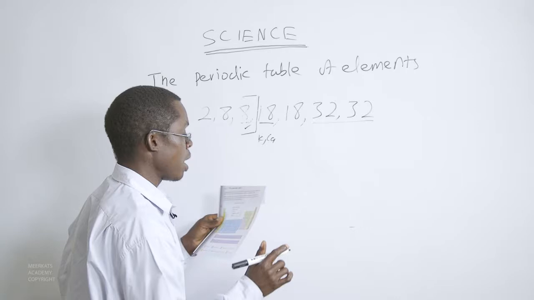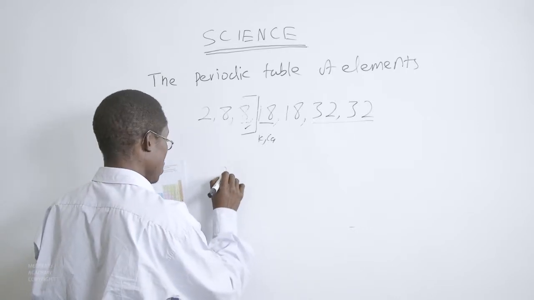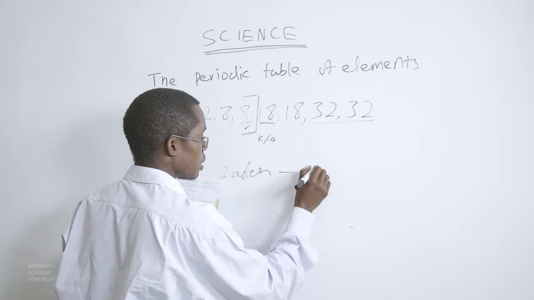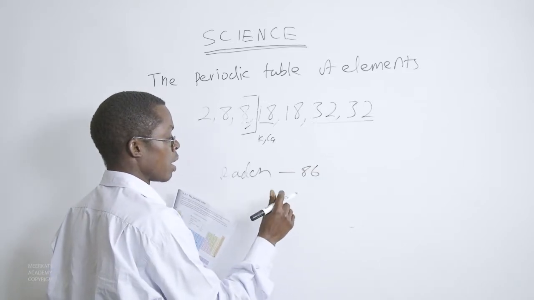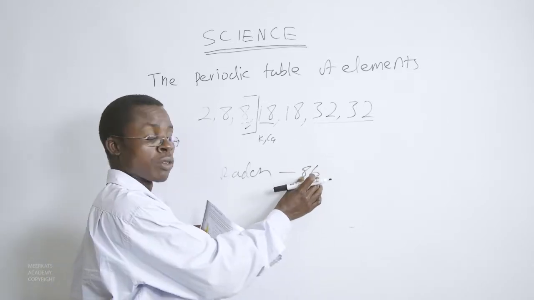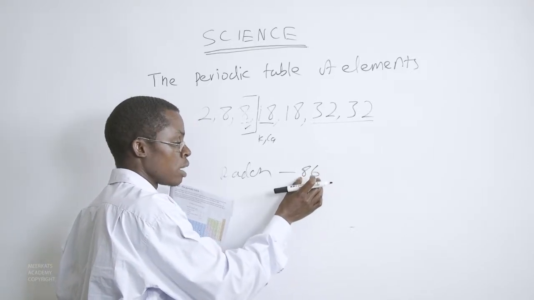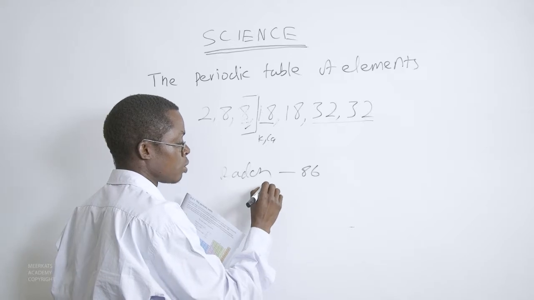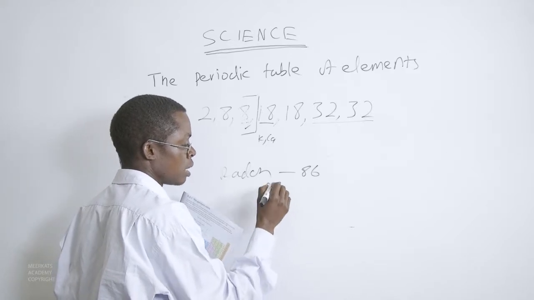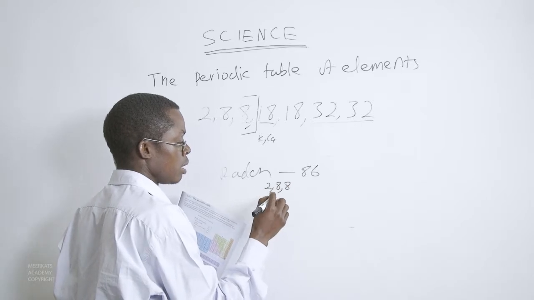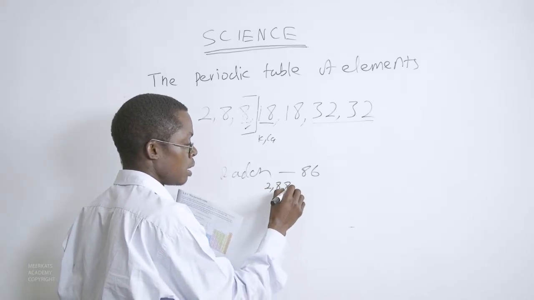has atomic number 86. Radon has 86, giving us 86 protons, meaning 86 electrons. Therefore, let's get the electronic configuration. It will be 2, 8, that is 10, then 18.